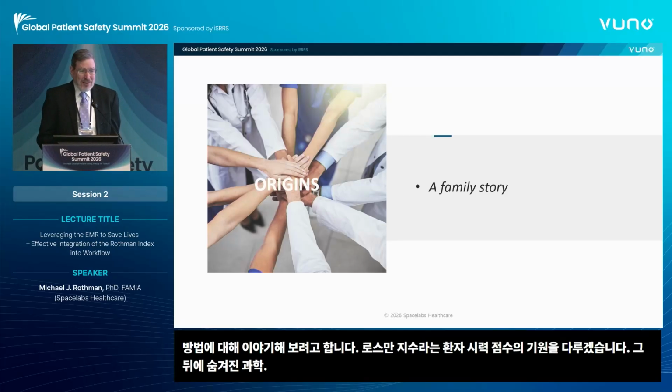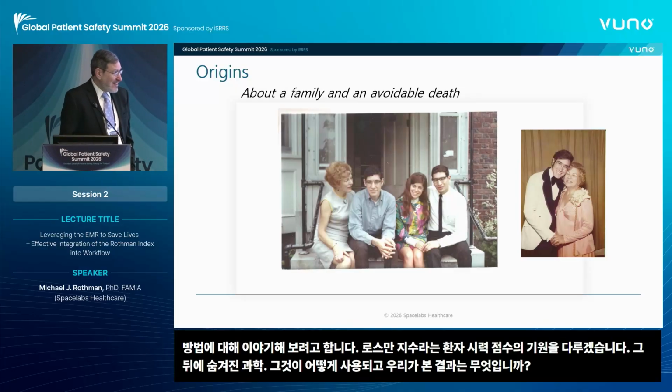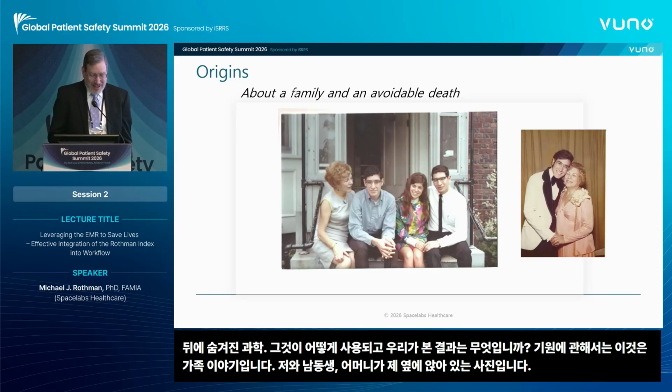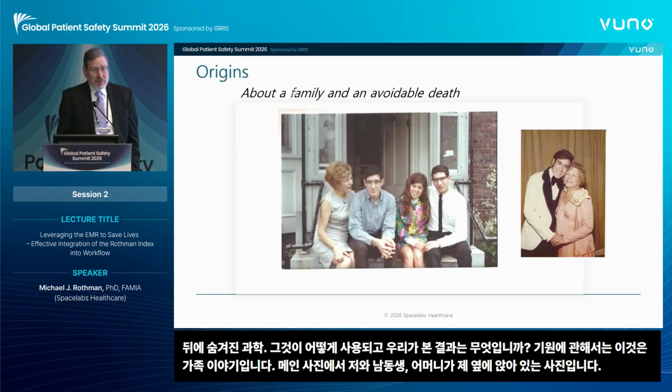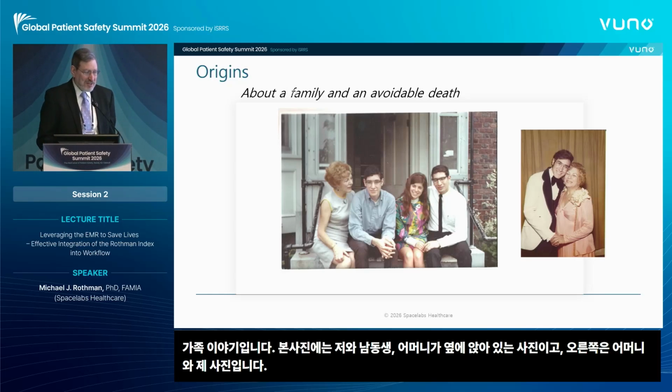So as far as origins, this is a family story. That's a photo of me and my brother. My mother's sitting next to me in the main photo, and on the right, that's my mom and myself when I got married. My mother had aortic stenosis and needed a valve replacement operation.